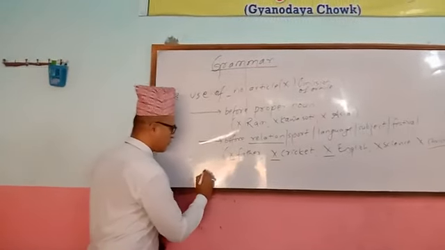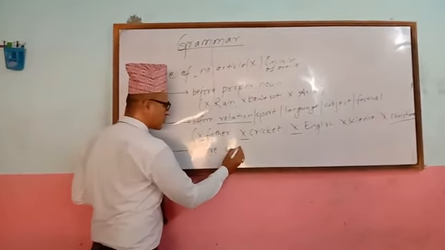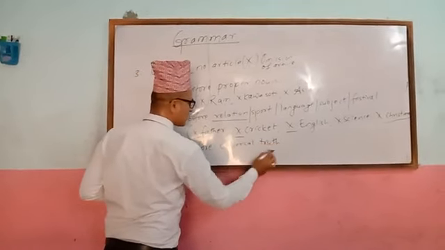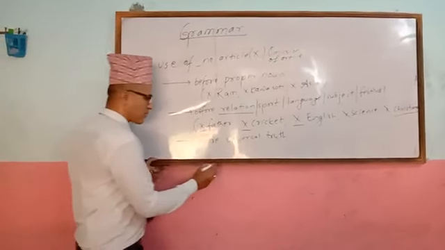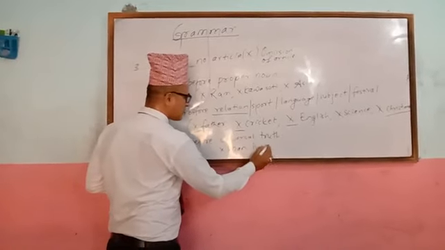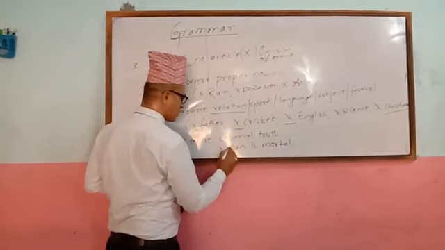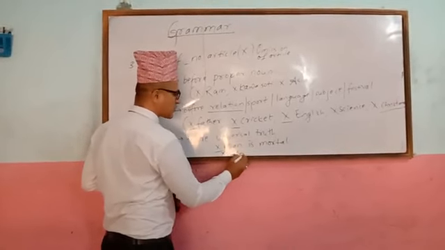So before universal truth, we cannot use any article. Universal truth, for example, man is mortal. No article is used here. Honesty is the best policy.